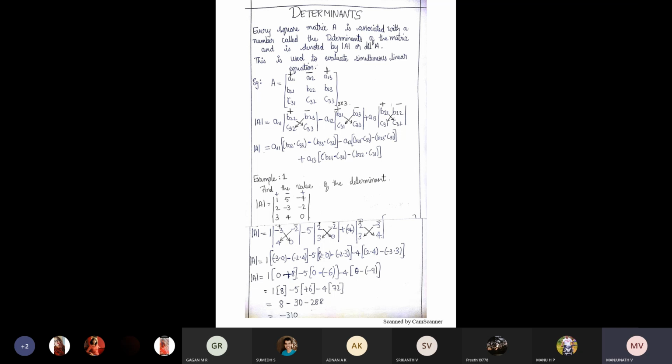Now take this A11 and after that, suppress the first row and first column elements.